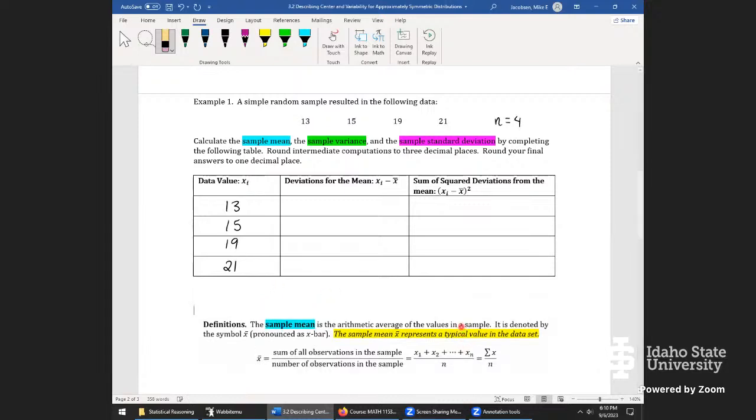So the sample mean says, in order to calculate it and get our X bar value, we have to sum all the observations in the sample. That's just these right here. The formula is saying take x1 plus x2 plus xn. Well, you're still doing the same exact thing, adding those up. And the sigma x is just saying, again, the same thing written in a redundant way, add up that entire column. So that's going to be the numerator.